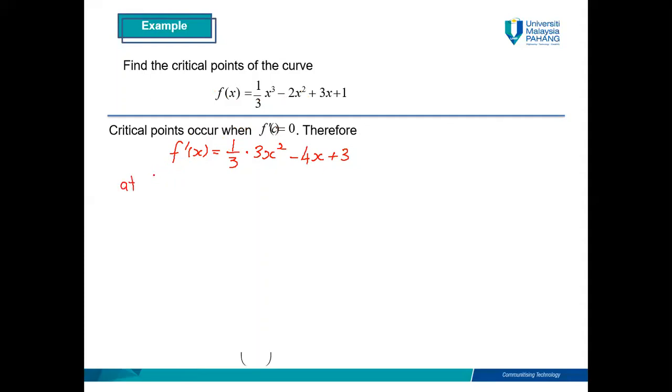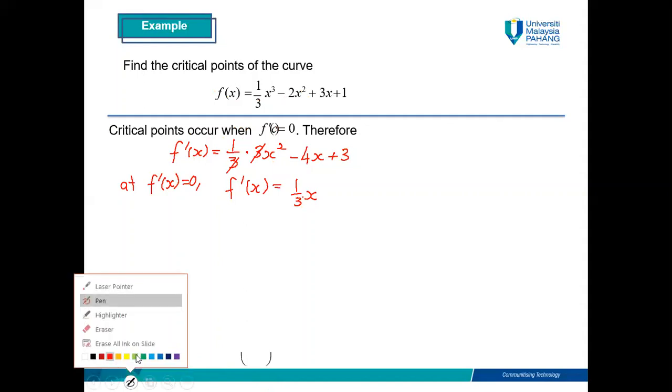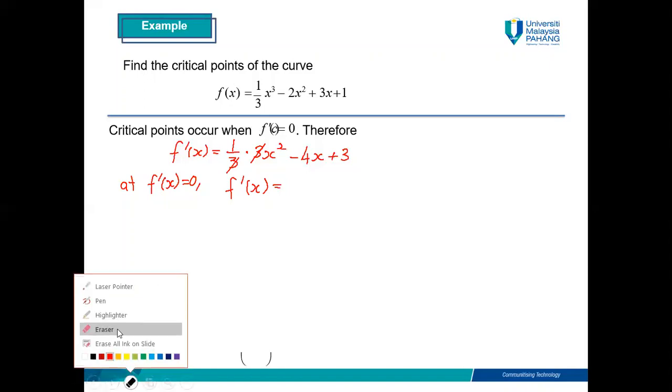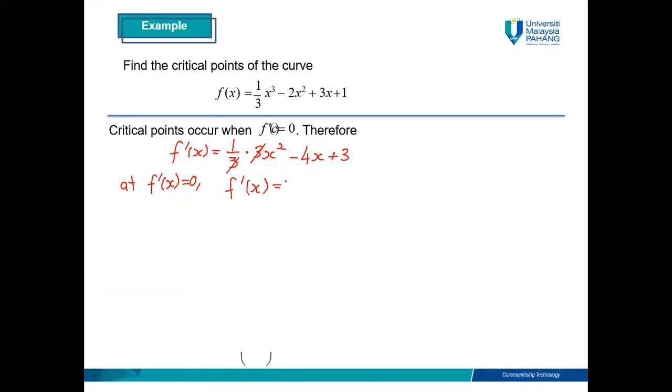The 1/3 and 3 cancel off, so x squared minus 4x plus 3 equals 0, because f prime x is equal to 0.